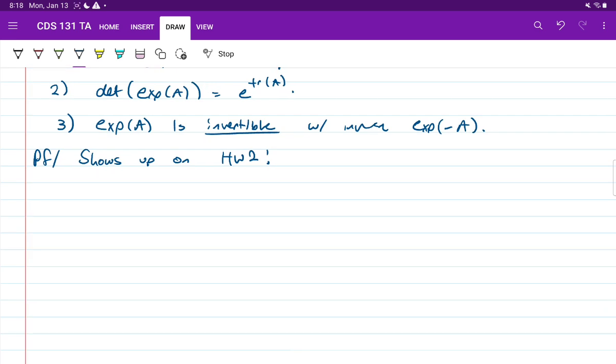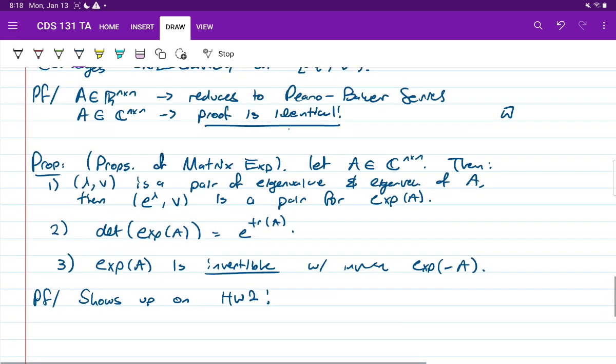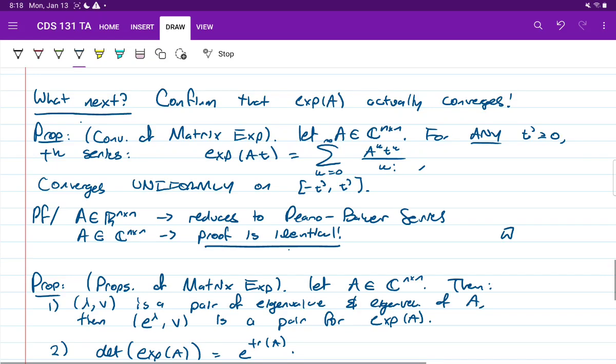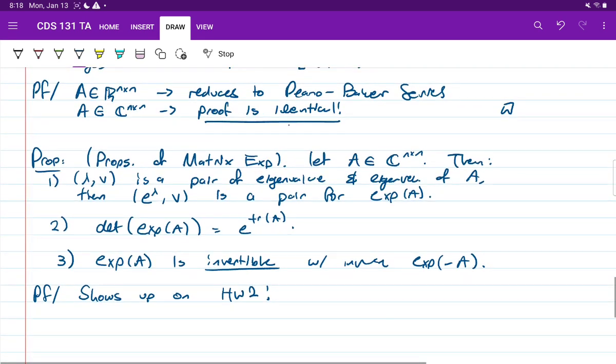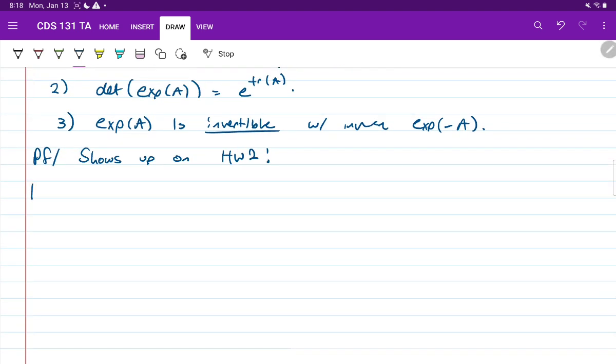All right, great. So now we've talked about a couple of basic properties of the matrix exponential. We have convergence guaranteed, and a couple of basic nice properties. Now let's confirm that it actually gives us what we want for a linear time-invariant system. I'll state this as a proposition, the state transition matrix of a linear time-invariant system.